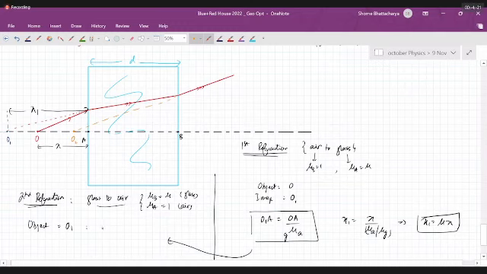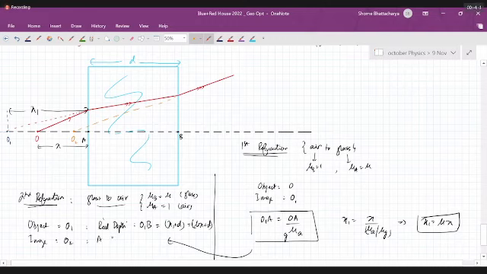So the real depth is O1B, which is x1 plus d, or mu x plus d. And the image appears to be O2.